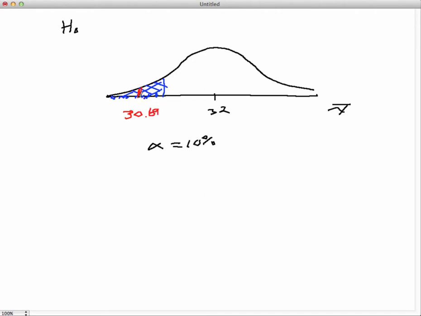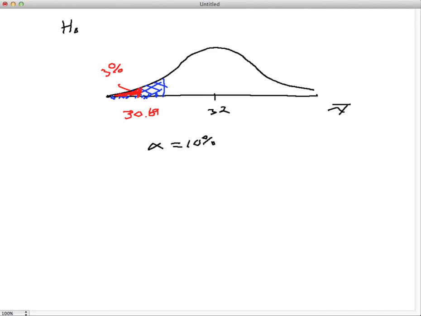And my 30.69 gave me this shaded region right here, which turned out to be, very roughly, about 3%. And so what we see is that 3% tells us, since it's less than 10%, that we are definitely in the region by which we said we would reject the null hypothesis. In other words, a 3% probability of rejecting the null hypothesis when it is true, I'm willing to live with that.